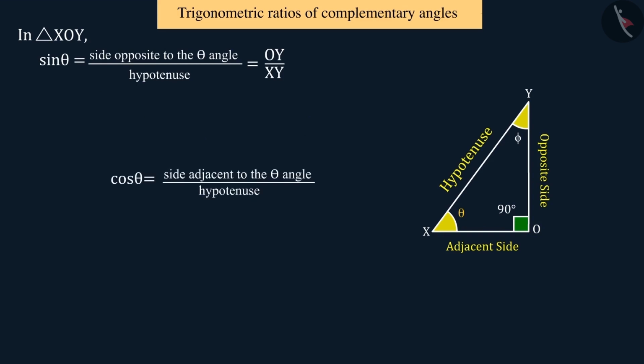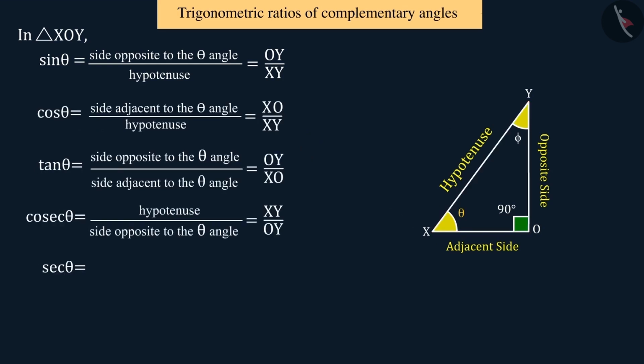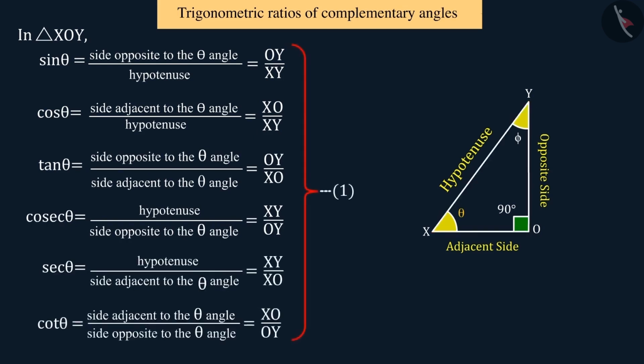For cos theta, its value will be equal to the ratio of the adjacent side and the hypotenuse. Here, the adjacent side is XO and the hypotenuse is XY. Similarly, find the values of other trigonometric ratios, which are represented by equation 1.